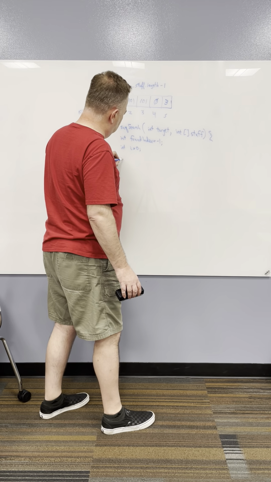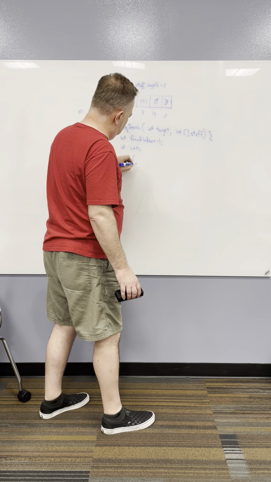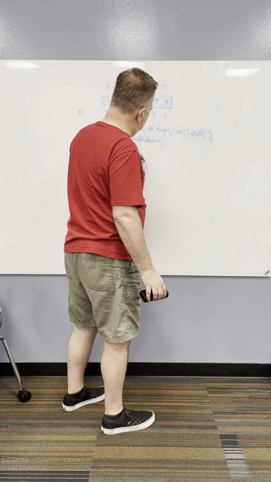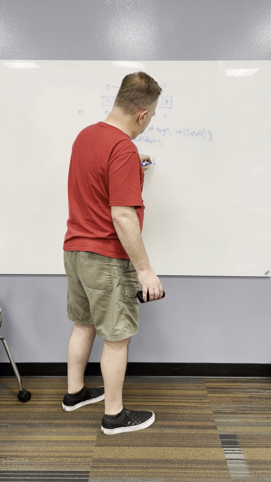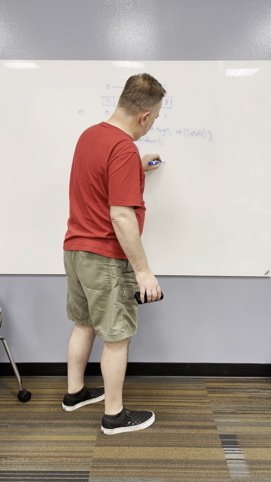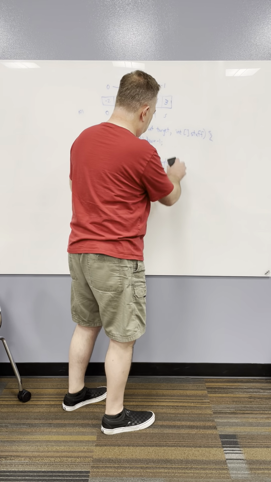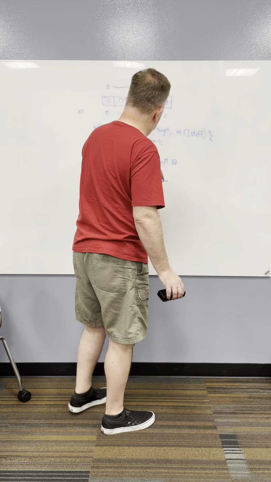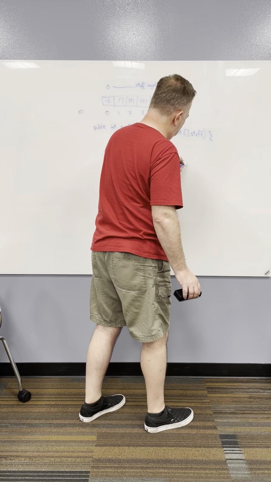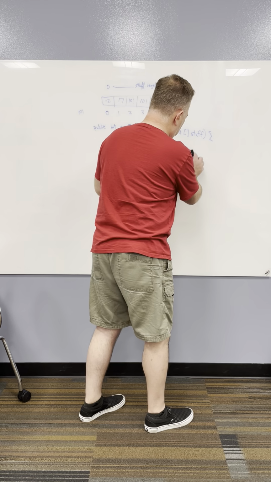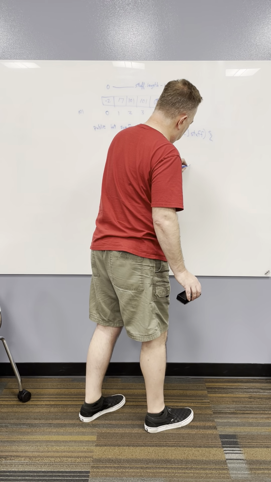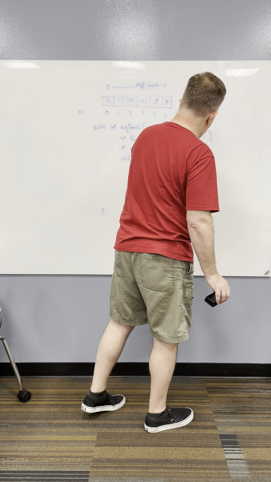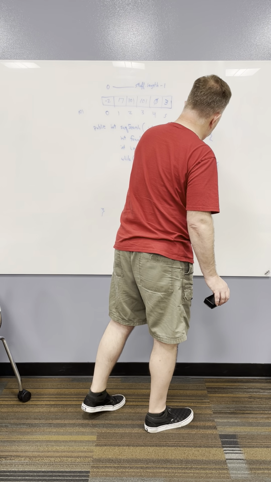And we're going to say while i is less than stuff.length, and foundIndex is equal to -1.